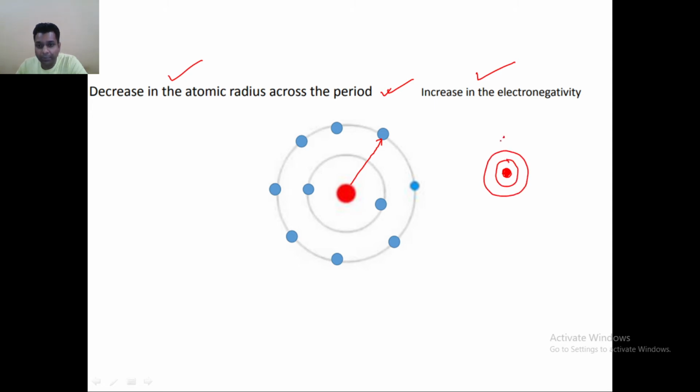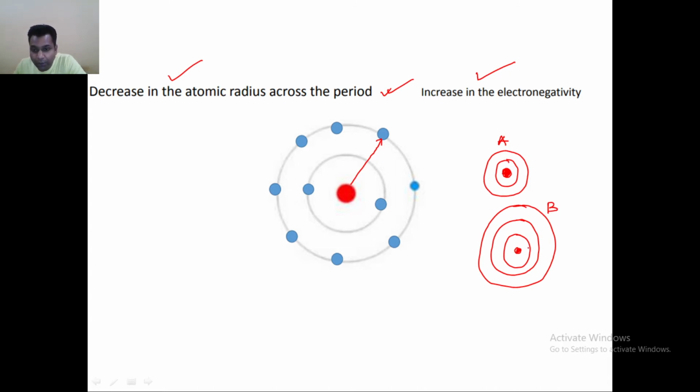This is one atom A, and this is another atom, which I am taking as B. Now the distance of the outermost orbit in case of B is more than the distance in case of atom A. So what is going to happen? The force on the outermost orbit of electrons due to the nucleus will be higher, or the ability of the nucleus to attract the electron is higher in case of A in comparison to B.